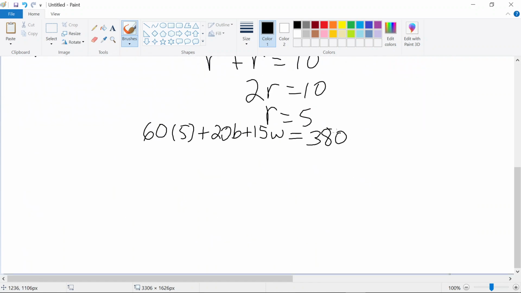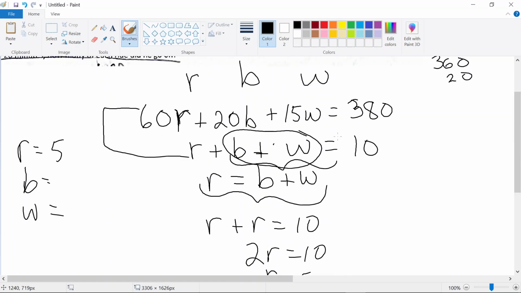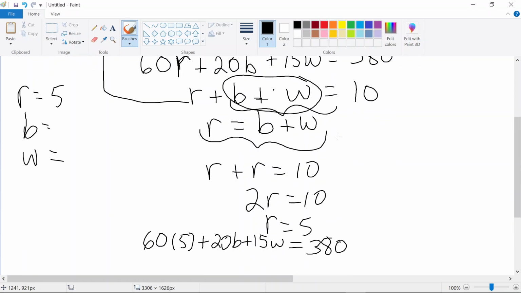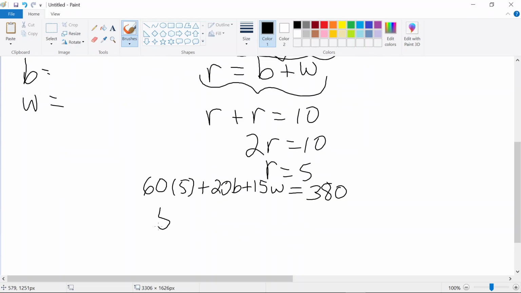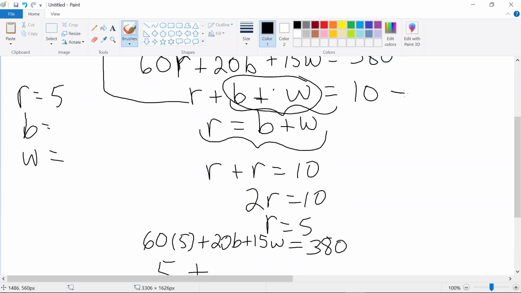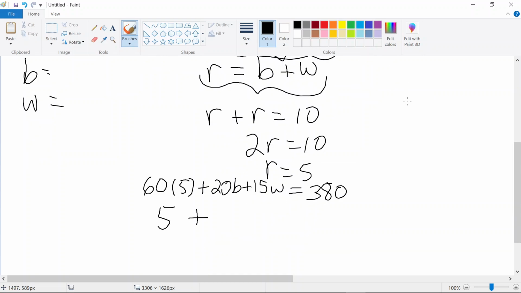So I'm getting rid of R by plugging in what it equals. And then I'll put it into the second equation. 5, R is 5, plus B plus W equals 10.